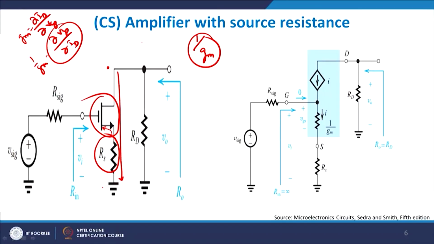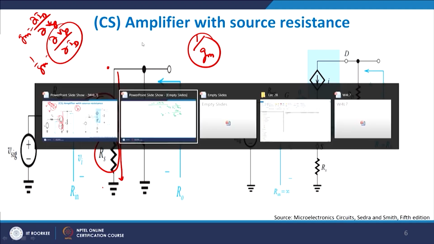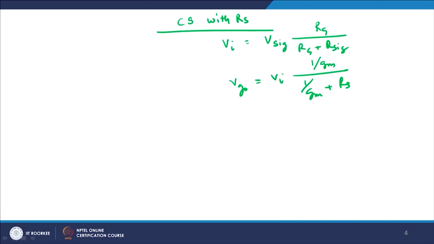So 1 by Gm is the resistance offered by the MOS device. This is very important, you can solve it yourself and get this clear. I can replace this Rg by 1 by Gm, which I was assuming to be infinite in the previous case. Now I am assuming it to be 1 by Gm, a relatively small quantity, and Rs will be there here.